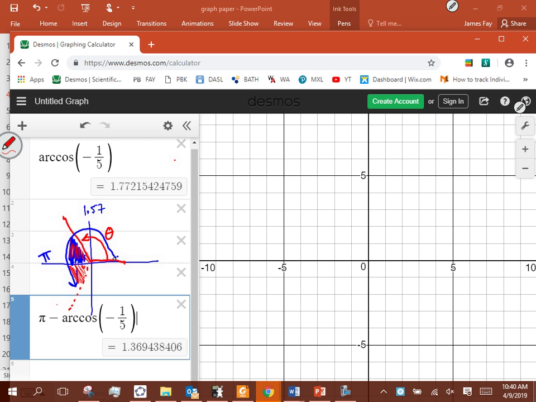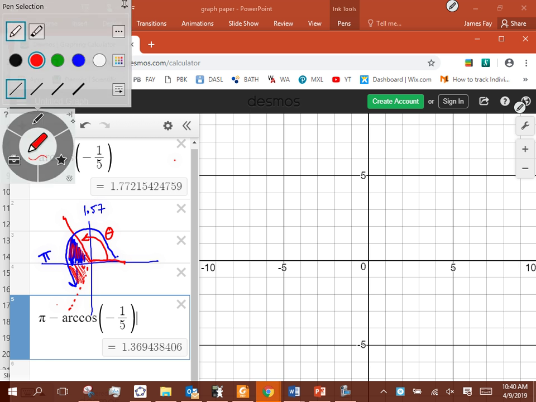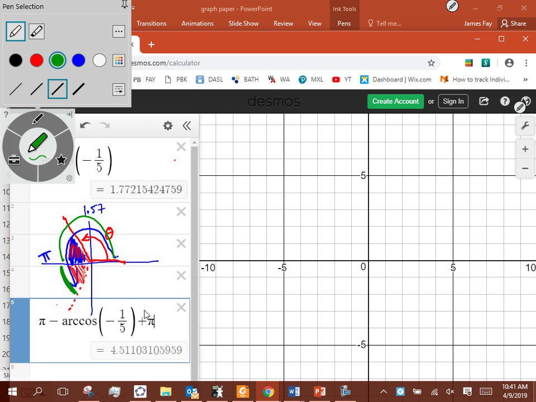If I went from here, what is that green angle right there? Pi, right? And I now know that this angle here is the 1.36 number, right? What can I do with those two to get that blue angle that I'm actually interested in? Add pi. So plus pi, that should give me my other solution.